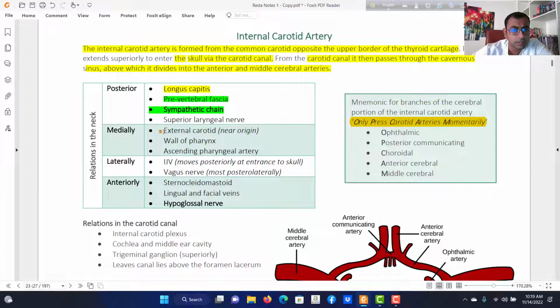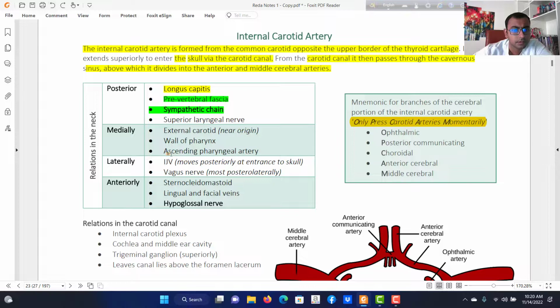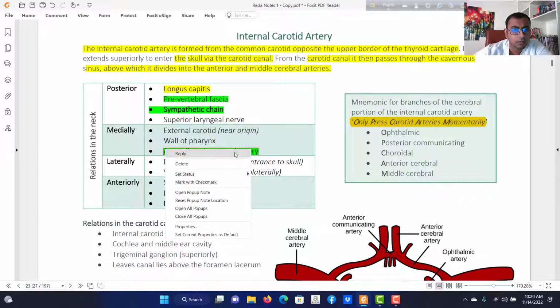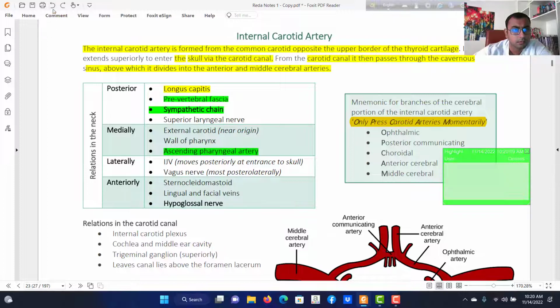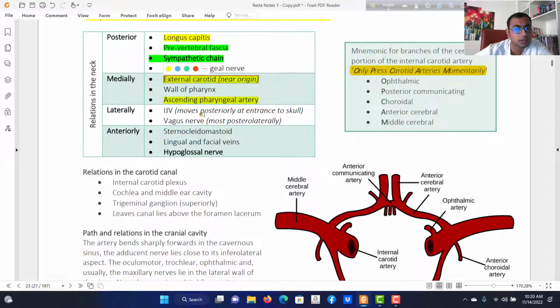Medially are the external carotid near its origin and the pharyngeal artery. Laterally is the internal jugular vein, which moves posteriorly at the entrance to the skull, and the vagus nerve is most posterolateral.